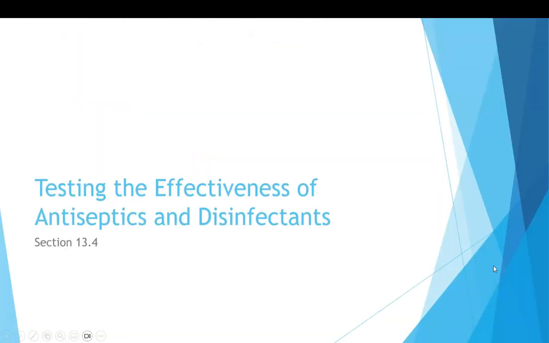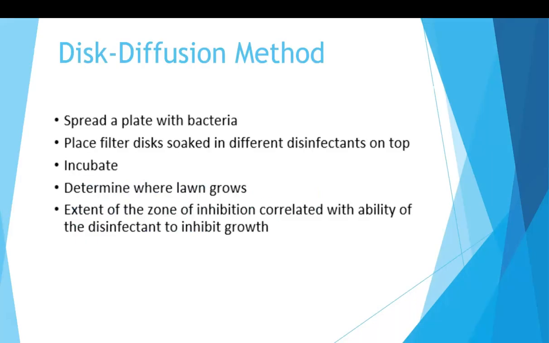All right, so these are some of the testing techniques that we use to see the effectiveness of the antiseptic and disinfectant solutions or materials. One important technique is called the disc diffusion method.